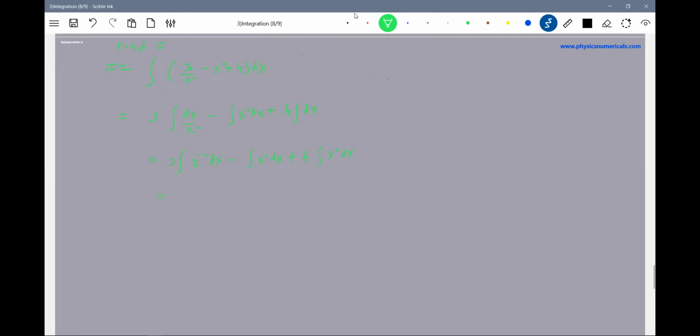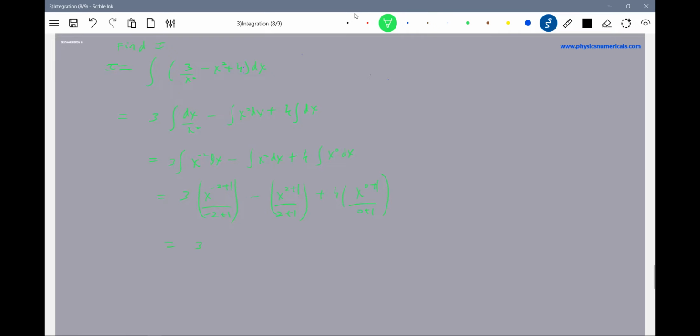Power rule you applied. 3 x to the power of minus 2 plus 1 by minus 2 plus 1, minus x to the power of 2 plus 1 by 2 plus 1, plus 4 x to the power of 0 plus 1 by 0 plus 1.